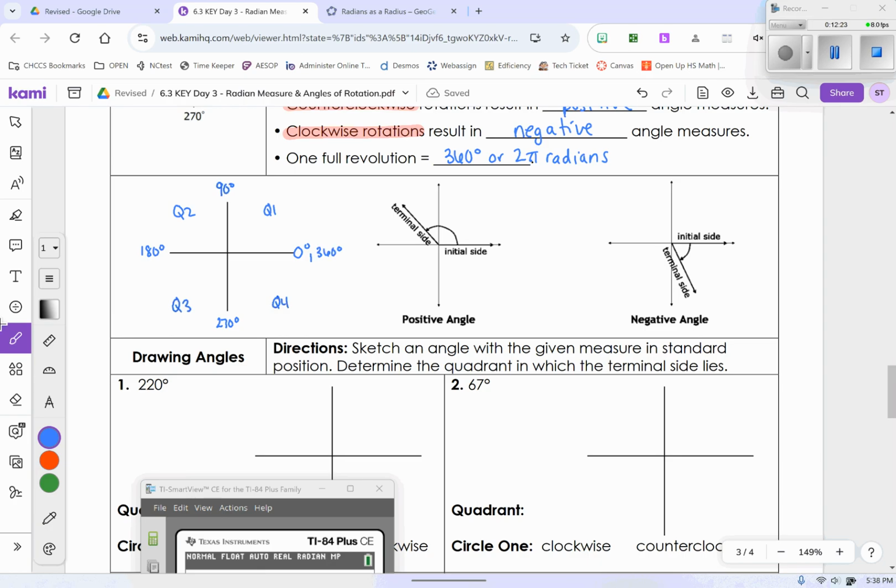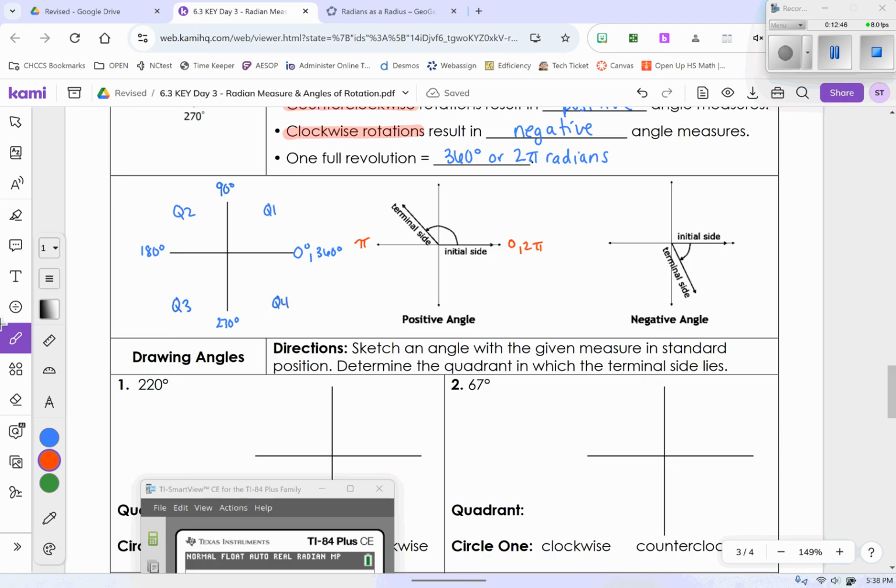Just like we can measure these in degrees, we can also do this in radian measures by converting. Let's think about our radian measure. I'm going to use the positive angle over here. We started off with 0, and halfway around the circle is pi, because all the way around the circle is 2 pi.